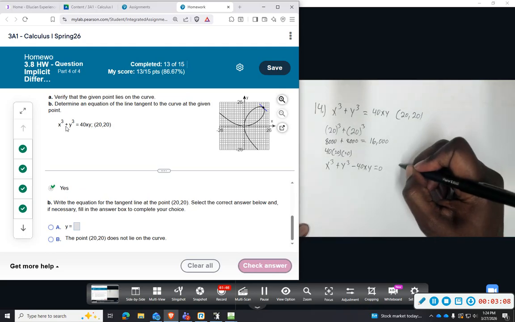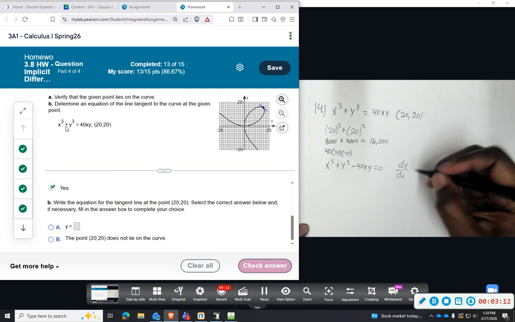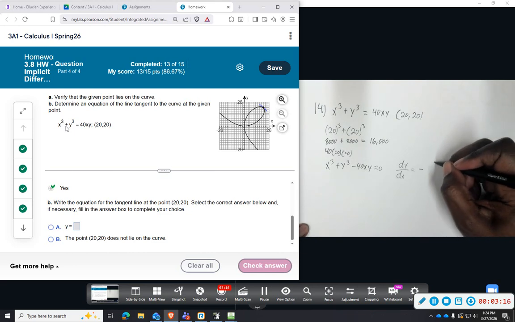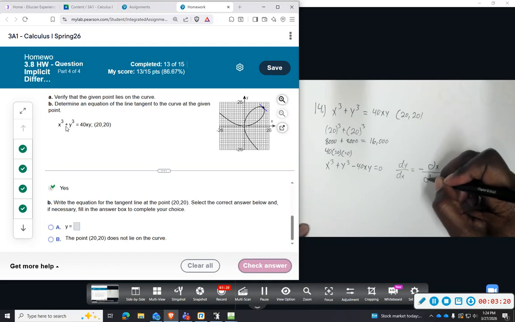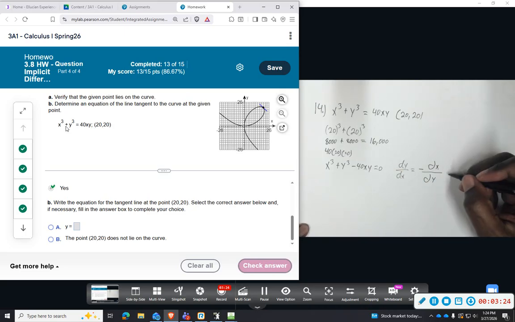And we're going to find dy/dx. Using our shortcut, that is equal to the negative partial of x divided by the partial of y. So however you set your derivative, I just flip those two terms and you'll get what you need.